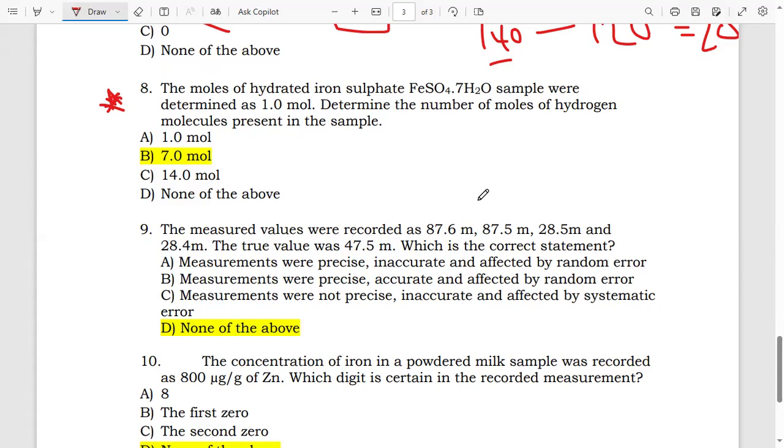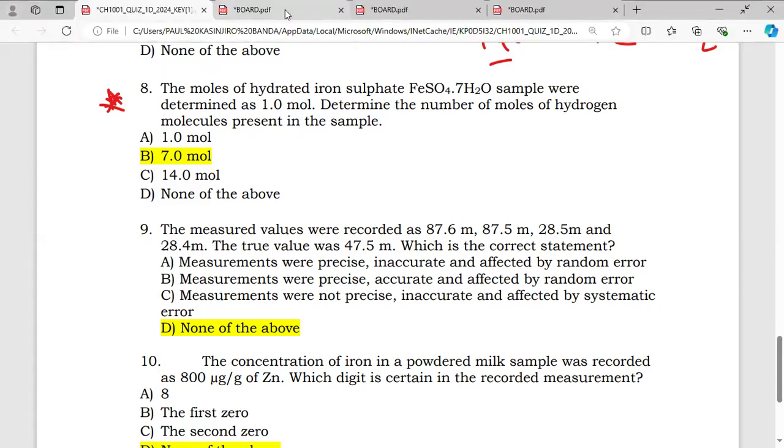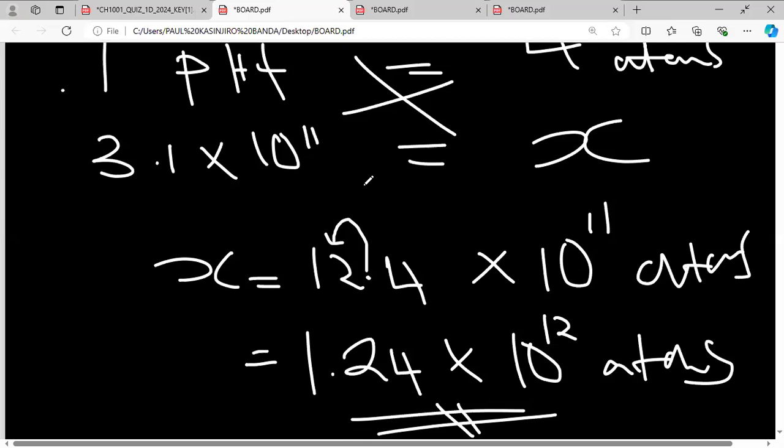But if they say atoms, it means I'm counting those atoms one by one. So here they're saying determine the number of moles of hydrogen molecules present in this sample. So we are just getting a mole ratio of the whole thing here, which is the hydrated iron sulfate, to the moles of what? The hydrogen molecules. Let me explain it here.